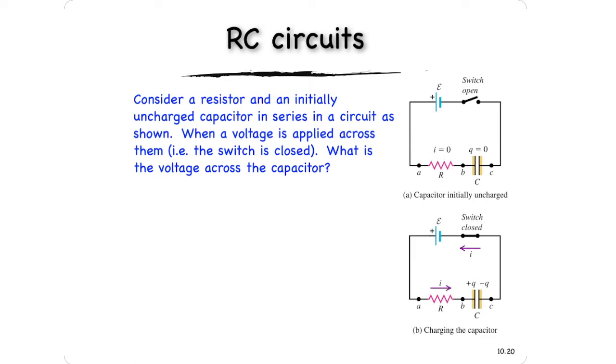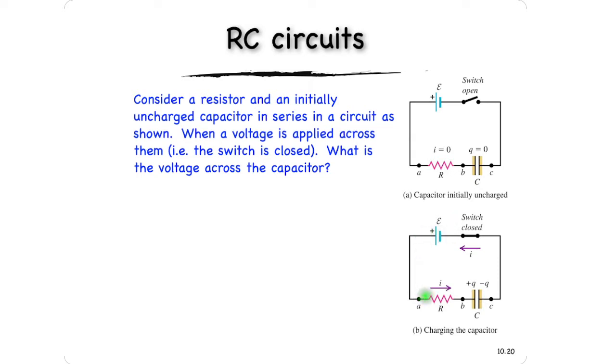But of course, that's not going to stay that way because the current that flows onto this capacitor is going to deposit charge. And as it charges up, it starts to get a voltage across it, Q over C. And so as this voltage builds up, we always have this constant voltage E being supplied to the circuit.